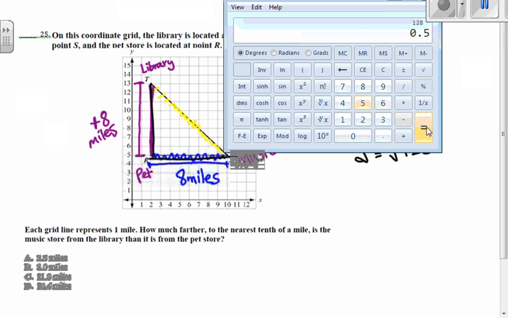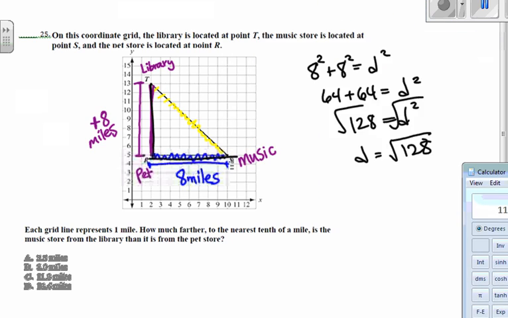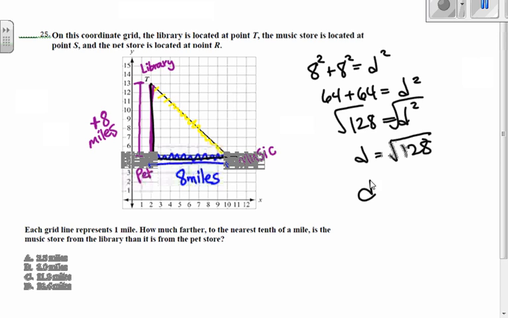Okay, so D is about equal to 11.3. All right, so the question, and this is where you've got to be really careful, is to the nearest tenth of a mile, how much farther is the yellow line from the blue?